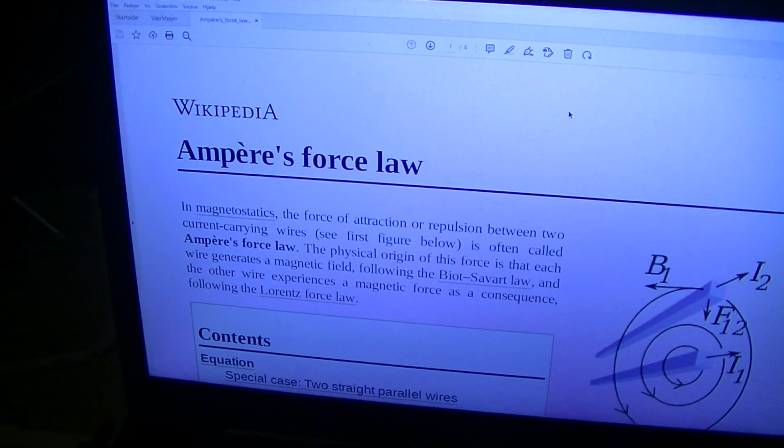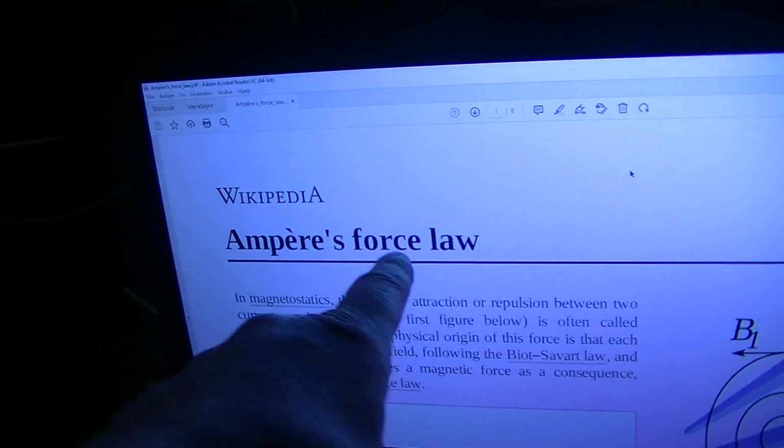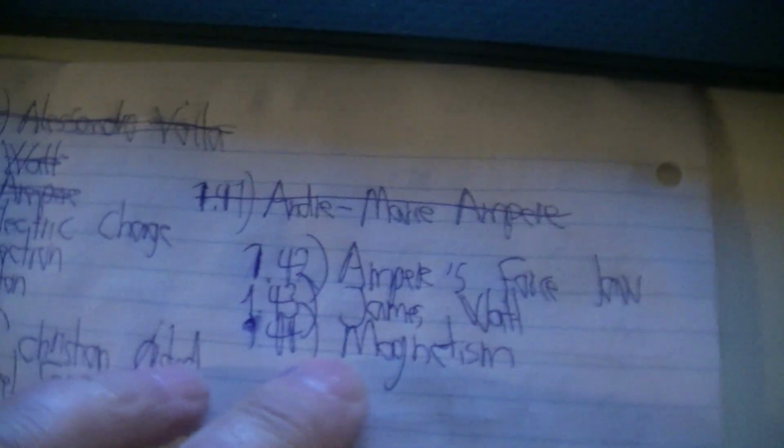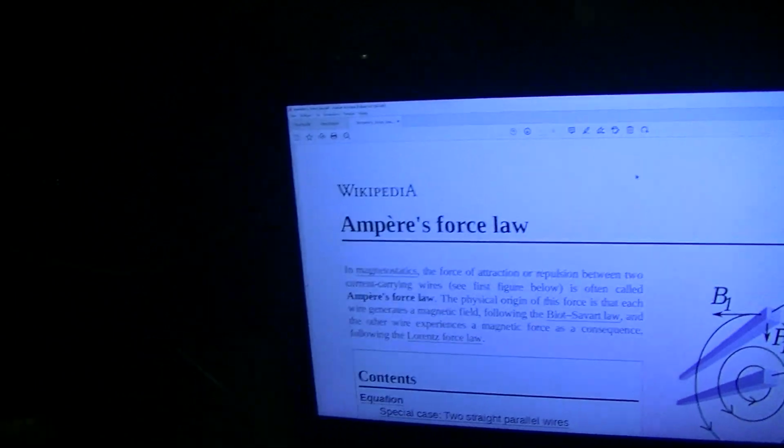It's close to 11 p.m., so it's actually a little bit too late to do this, but let's do Ampere's force law. Then I'm finished with André-Marie Ampere, and tomorrow we can do James Watt and magnetism. I just downloaded it. But let's get started.